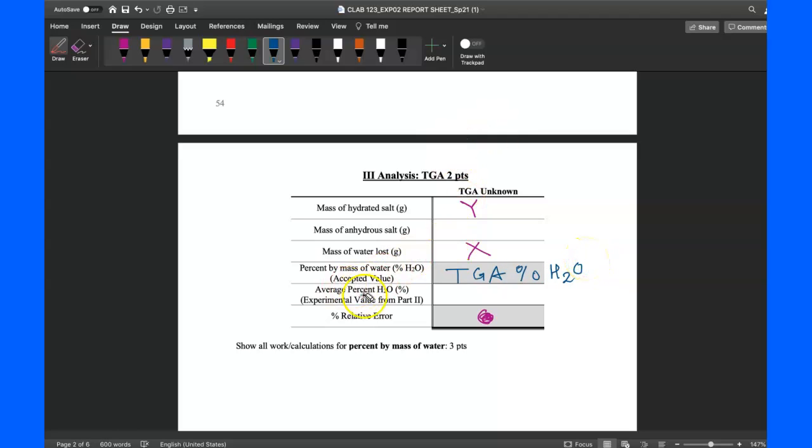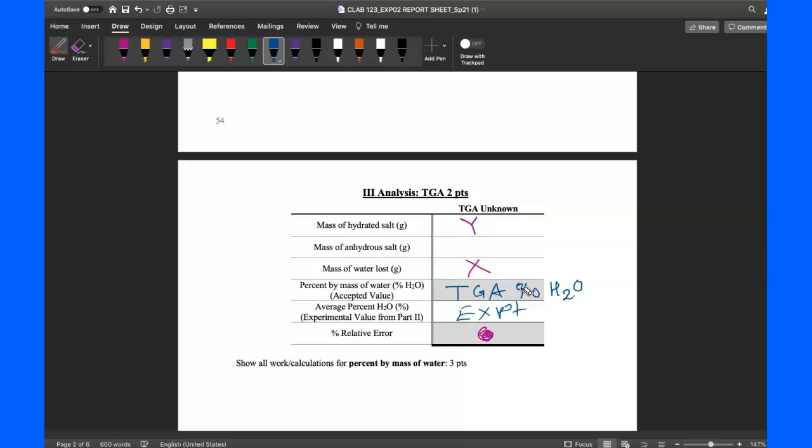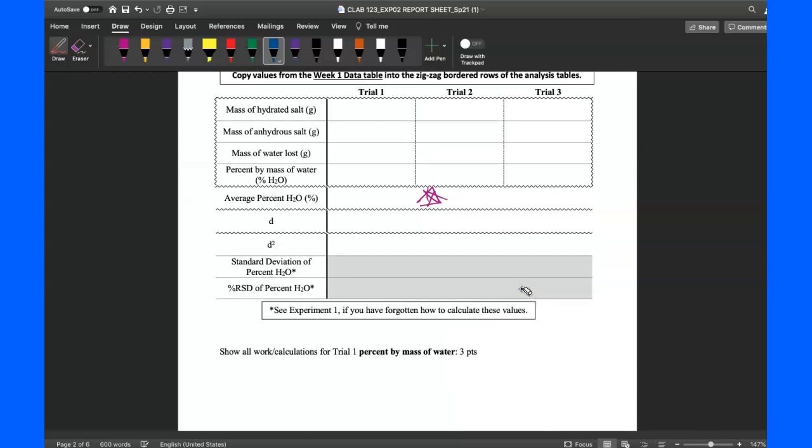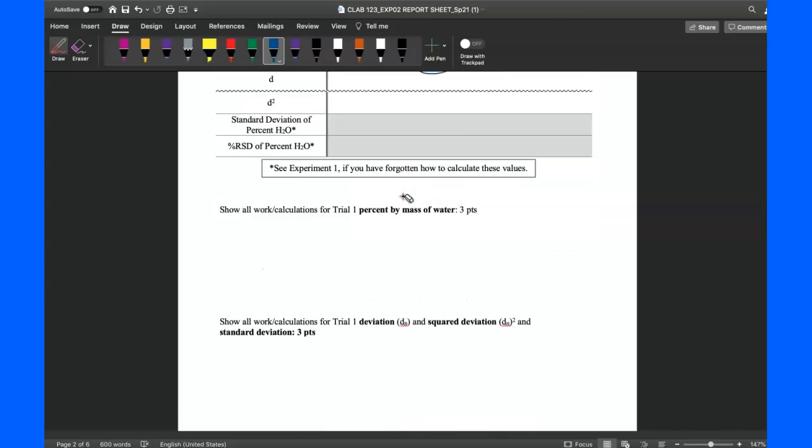The experimental value here comes from your previous table that you must have calculated, which is the average percentage water by mass from your 3 trials.